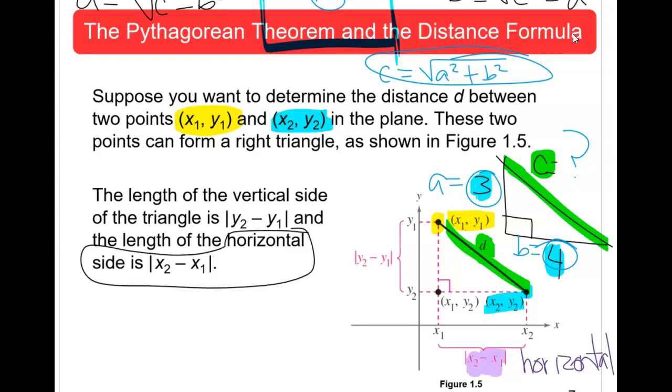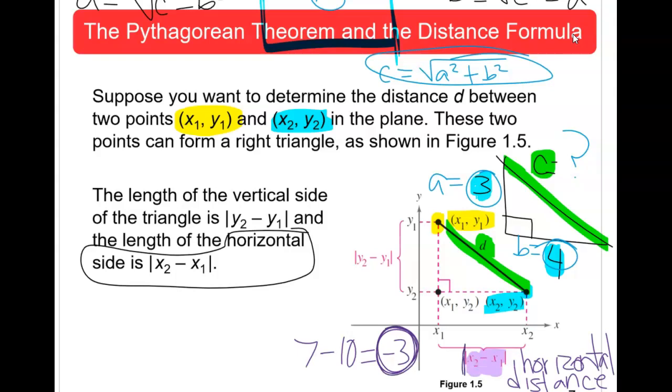Now, we have to subtract because we are trying to find the distance between those two x values. If you want to find the difference between, let's say, 10 and 7, you will subtract 10 minus 7, and it will give you 3. You could also subtract 7 minus 10, and that will give you -3. But if we want to talk about distance, we want our differences to be positive because distance is positive.